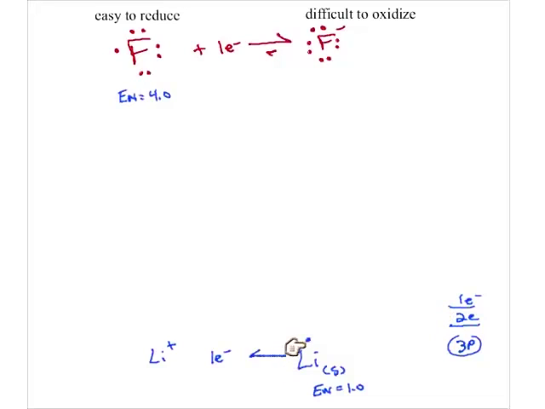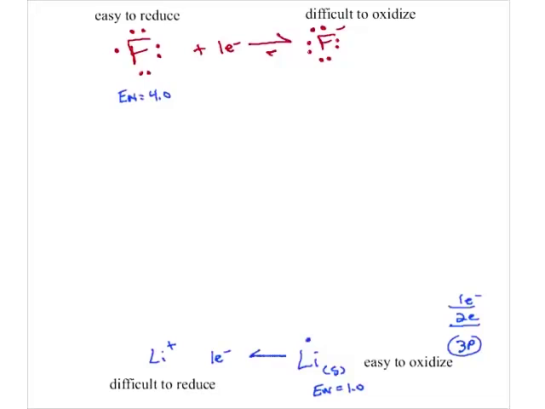So lithium atom has a strong desire to be oxidized. But yet the lithium ion is very difficult to reduce. Once it gives up its electron, it's not going to want to pick it up. It doesn't want to go back. This is very chemically reactive. This is stable because now it looks like helium. So in terms of its position on the table, this is difficult to reduce, but this guy over here is easy to oxidize.